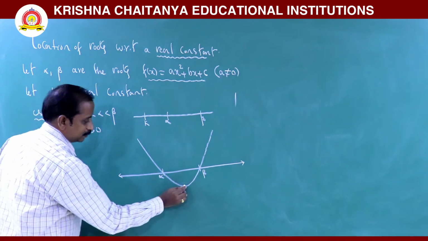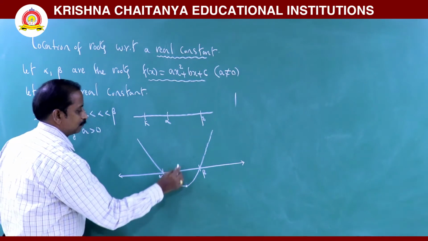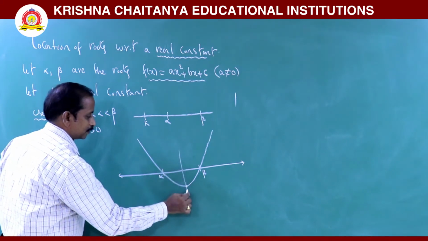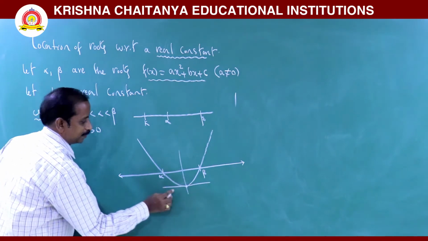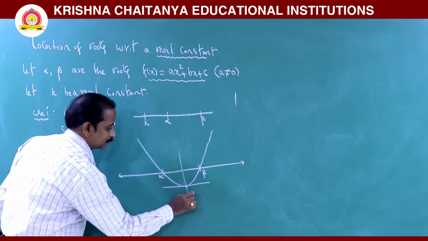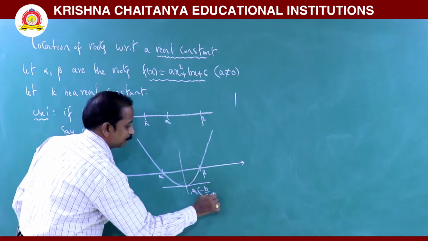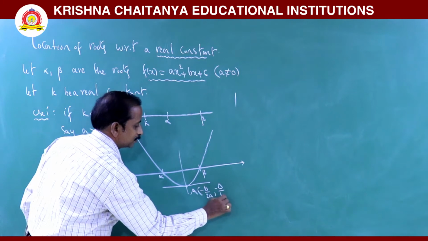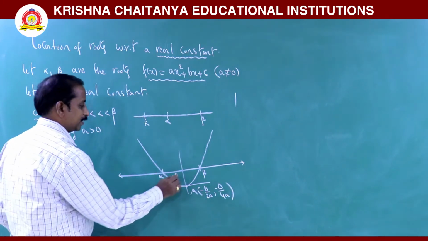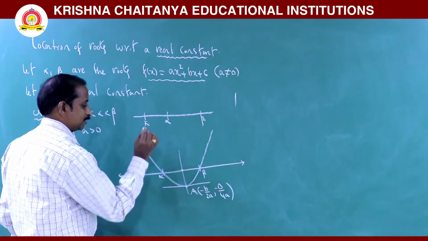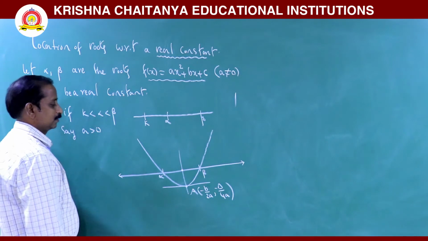We know that this is the vertex of the parabola, capital A. Its coordinates are minus b by 2a comma minus delta by 4a. So, indirectly this point is minus b by 2a comma 0.